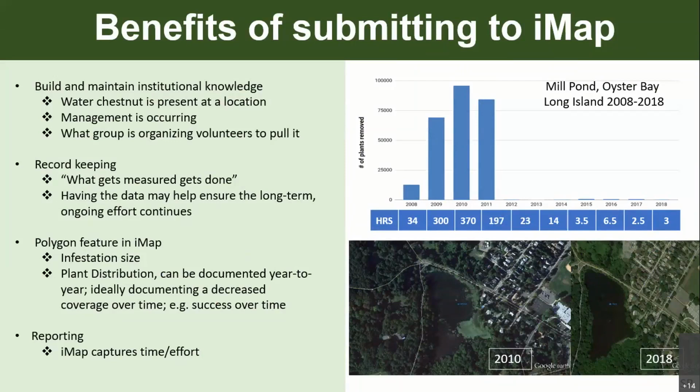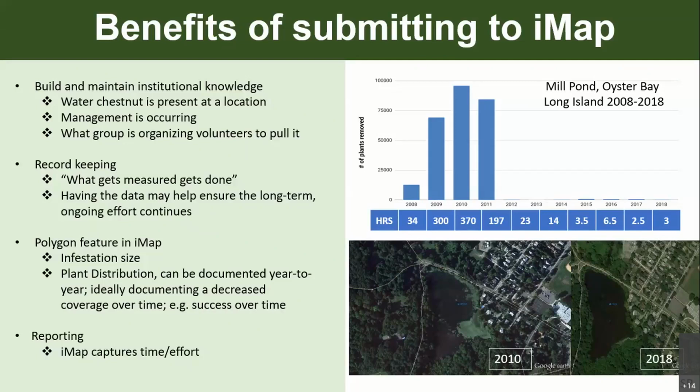There are some really interesting components of iMap and the other tools that Mitch will talk about, but you can create polygons within iMap, and that allows you to map out the infestation sizes and also to make estimates of the distribution and how that changes through time. And then, of course, there's the reporting mechanisms within iMap and how that's reviewed by folks statewide.